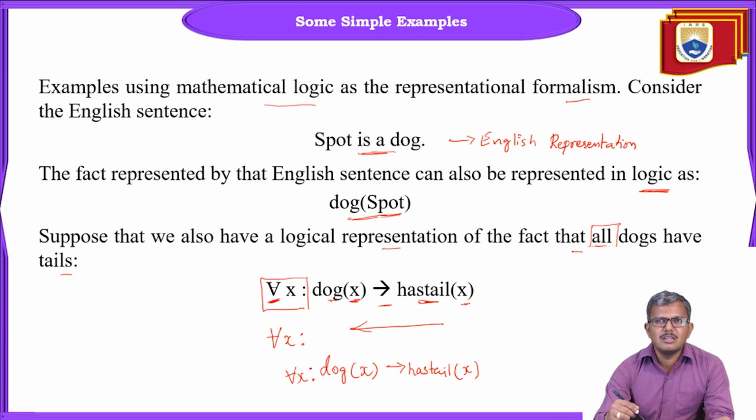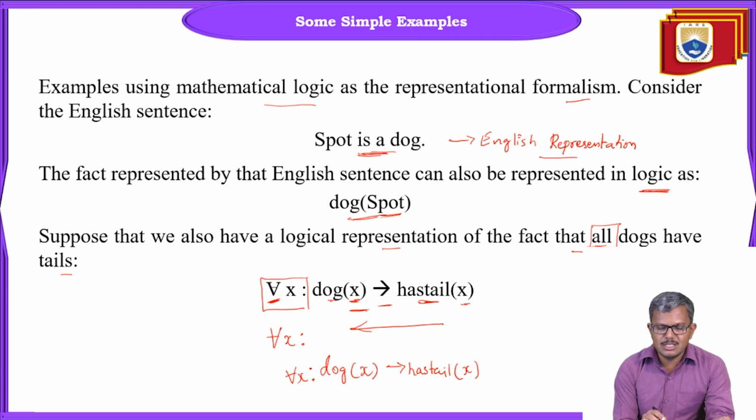This example, or this particular slide, is talking about how knowledge representation can be done in different ways. In the first initial state, we represented the fact in English. Later we represented the same knowledge in logic form. It is very clear that these kinds of representations are called predicate logic representations.